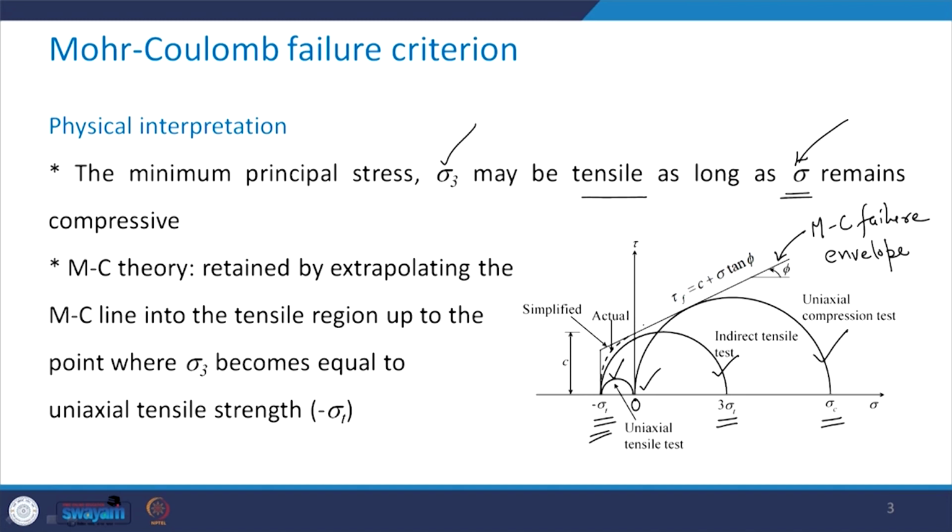This was extrapolated in this direction in the tensile region, and then we put a cutoff here at this sigma 3 value. So, this is how the Mohr-Coulomb failure envelope was extrapolated in the tensile region.